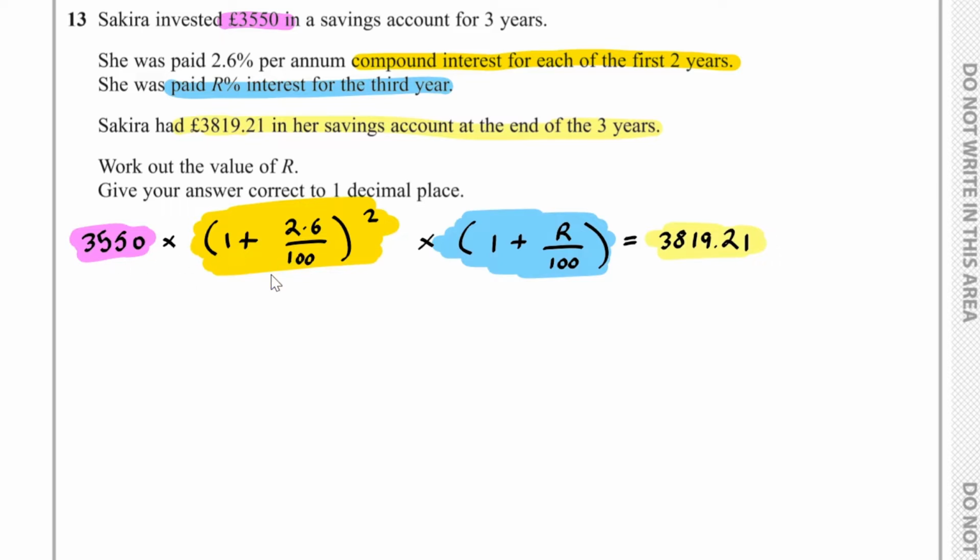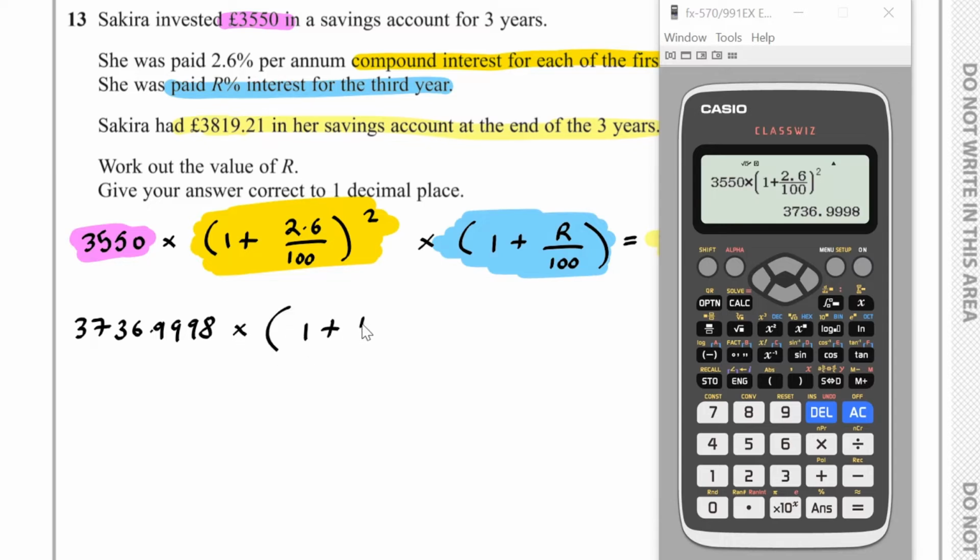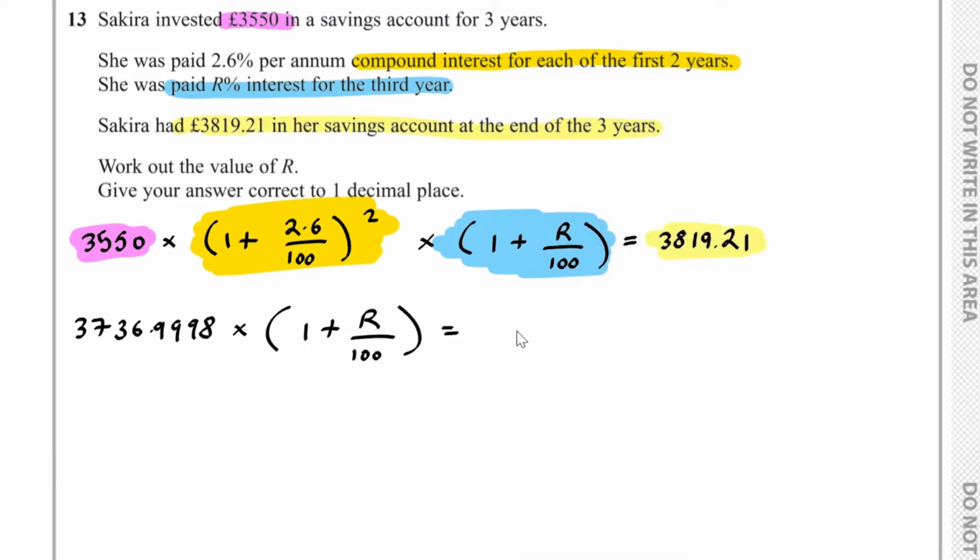So if we work out what this is, we have 3550 multiplied by 1 plus 2.6 over 100 to the power of 2. So here we get 3736.9998 multiplied by 1 plus r over 100, and this is equal to 3819.21.